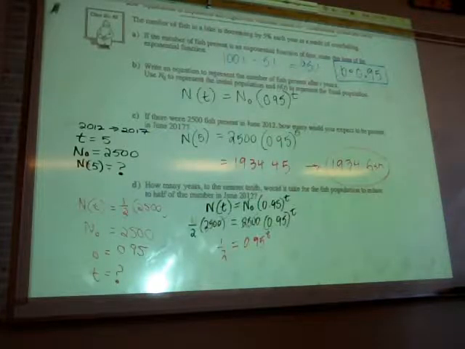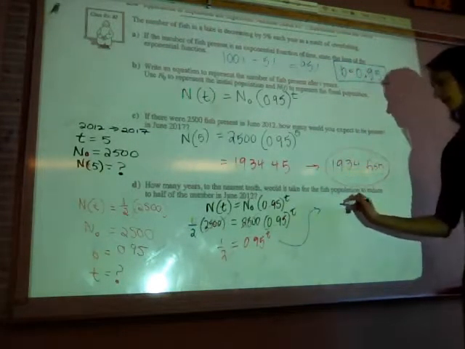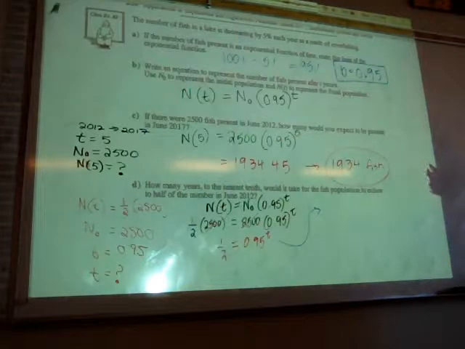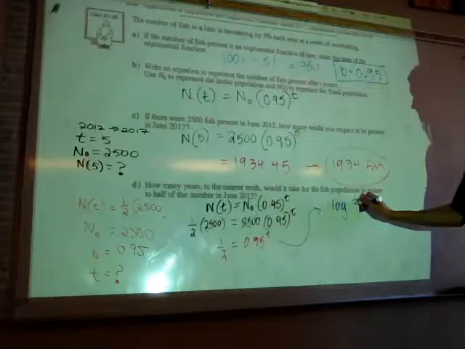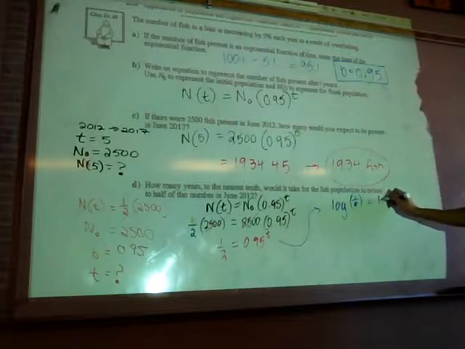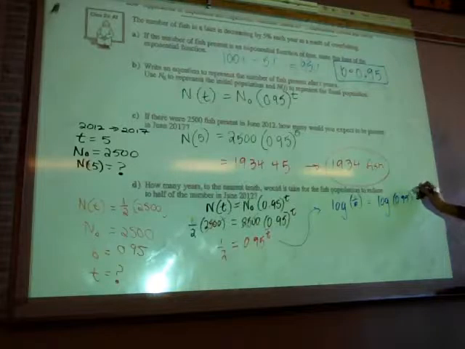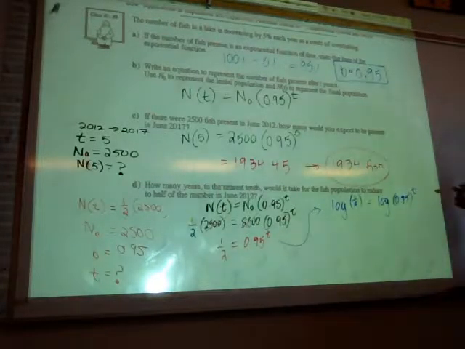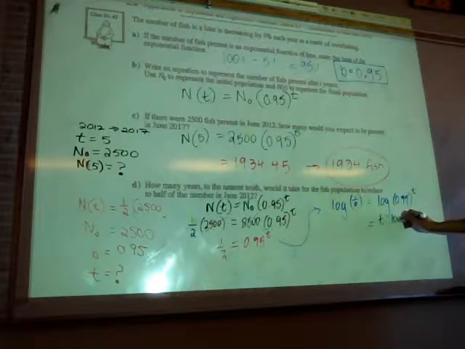We're not going to get the same base, so in order to solve for the exponent, we have to use logarithms. Just to remind you of another technique, we could apply a logarithm on both sides. And then I could apply the power law, bringing this exponent to the front as a coefficient.